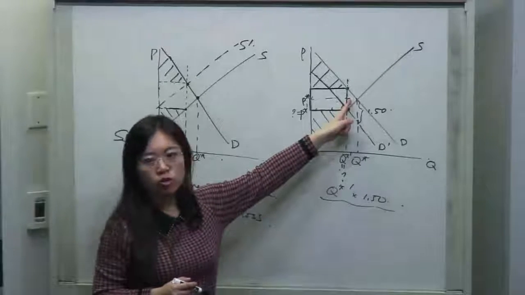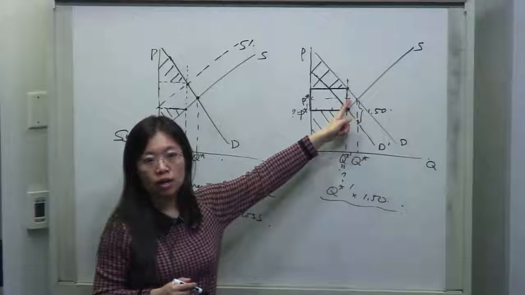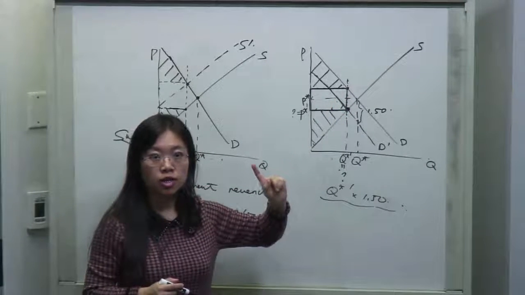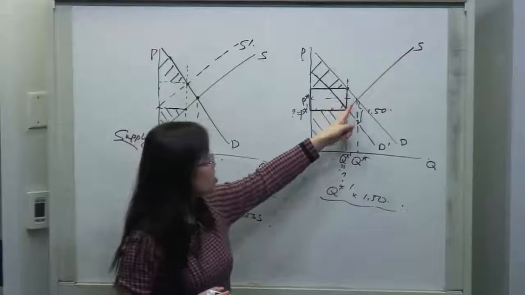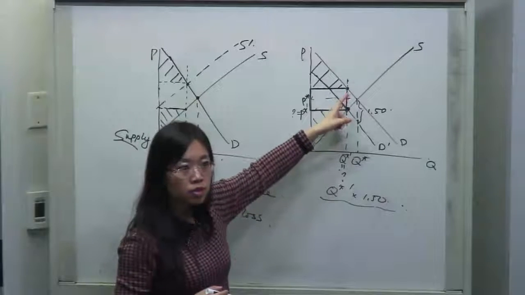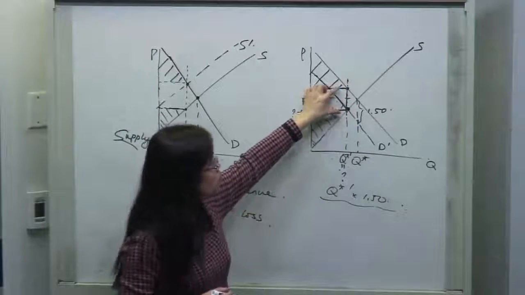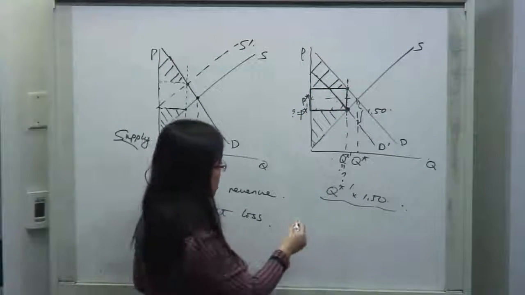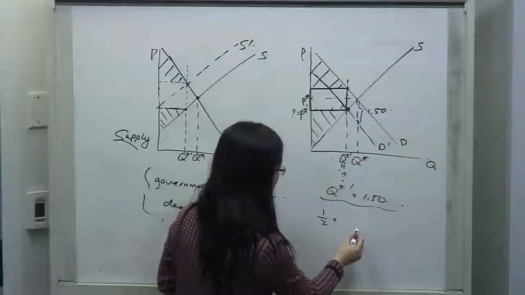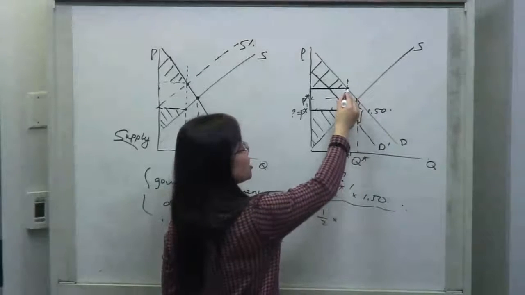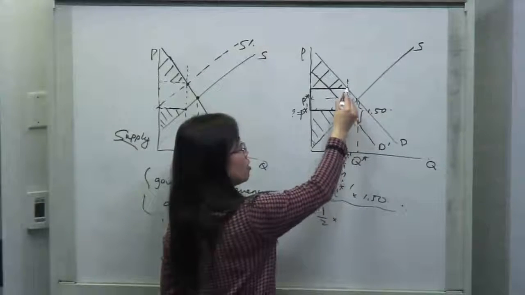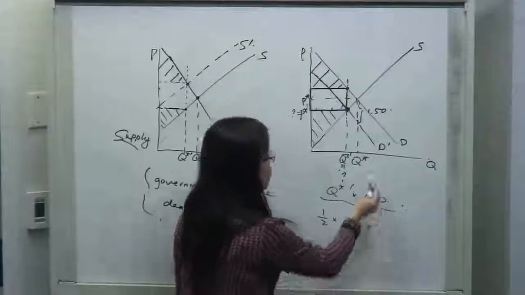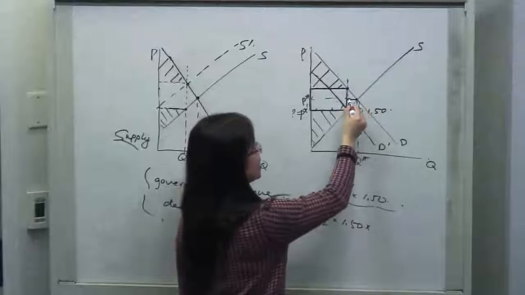How about this small triangle here? What is it? Deadweight loss. And how do we calculate the area that represents deadweight loss? Half multiply this, right? Half multiply, what is this from here to here? It's $1.50. Then we have to multiply the height.